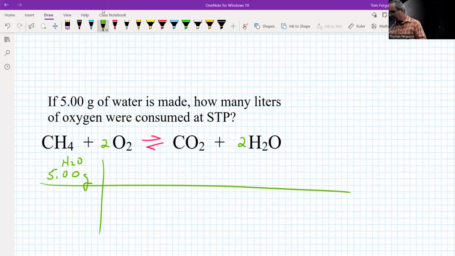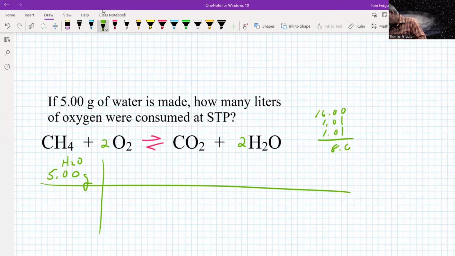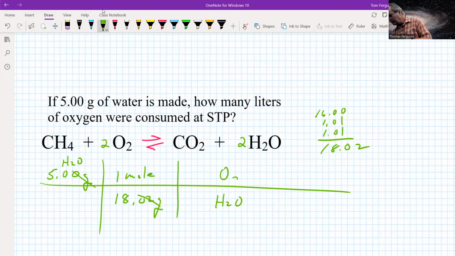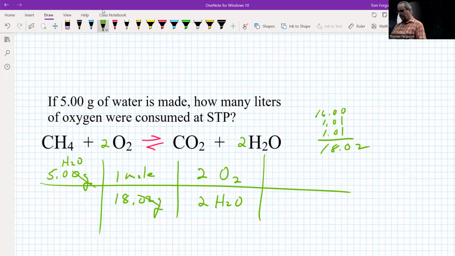And water is going to be our grams cancel. Now we need to go from water to oxygen. And then oxygen is 32.